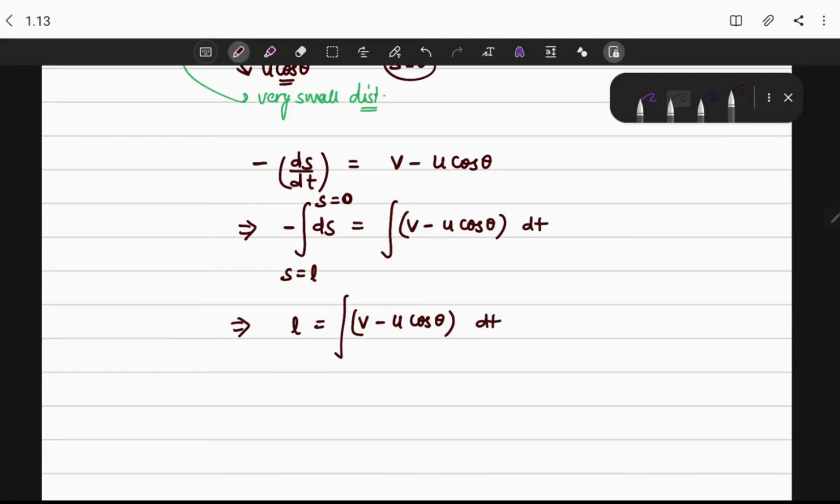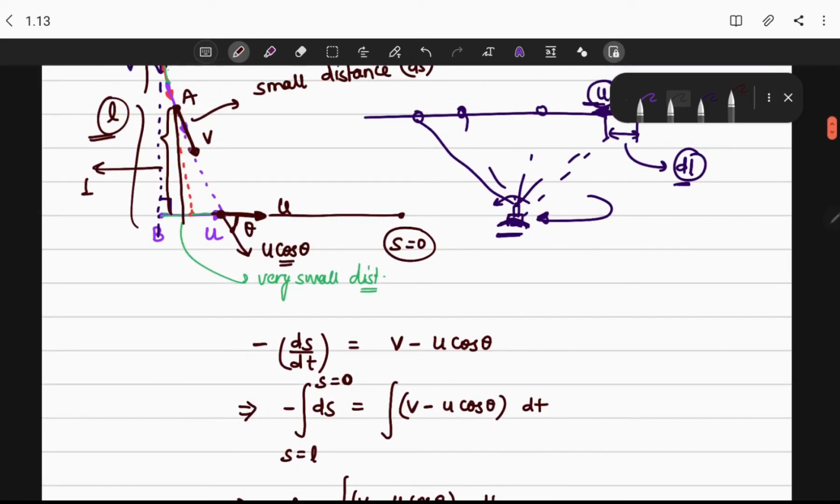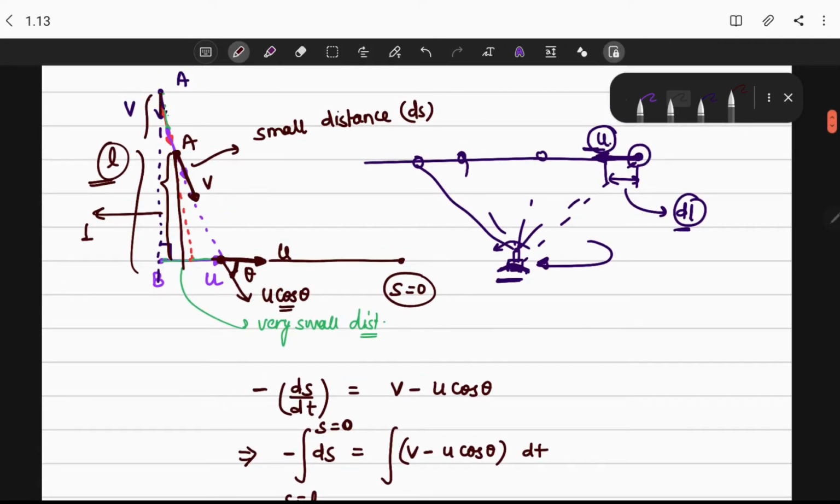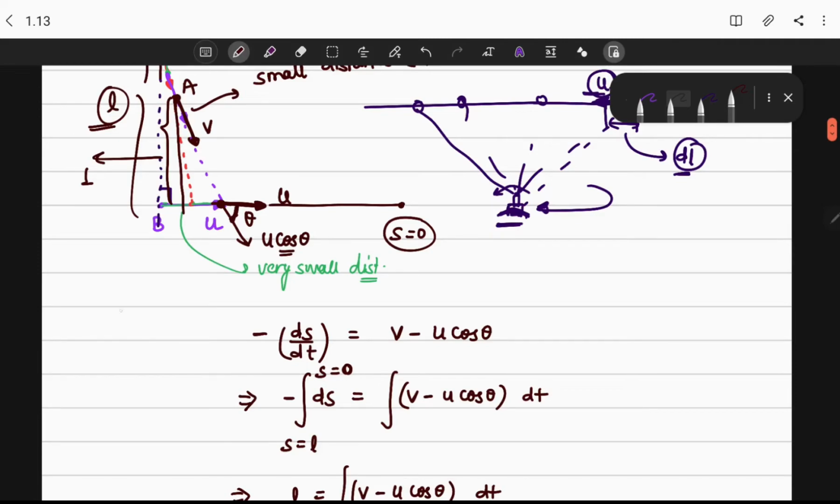Here this particular angle theta keeps on changing from this particular point until they converge. Initially, if the velocity is in this direction and v is in this direction, what is the angle between the v vector and u vector?